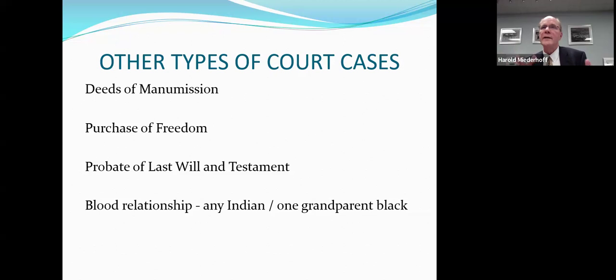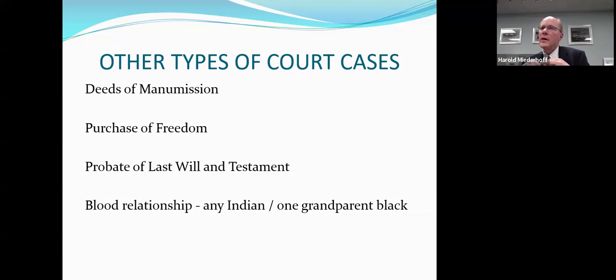Obviously, you have to have capacity, you have to know what you're doing, and it has to be probated, approved in front of a probate judge. So a lot of times, sometimes these wills and testaments were disputed. A will contest, again, capacity issues possibly, or a disinherited child would want to contest it.